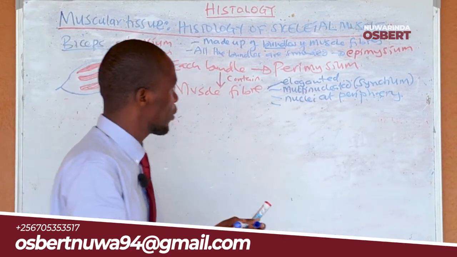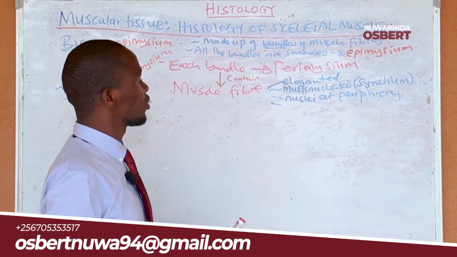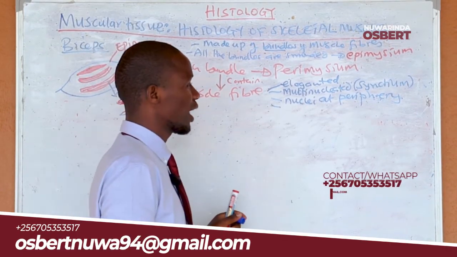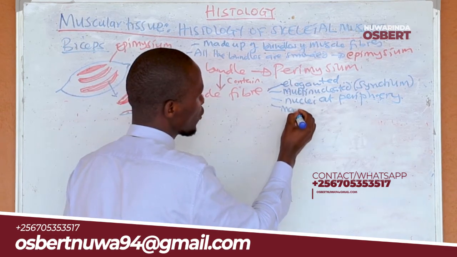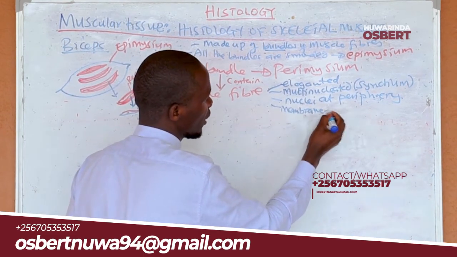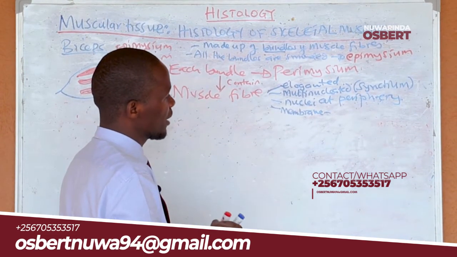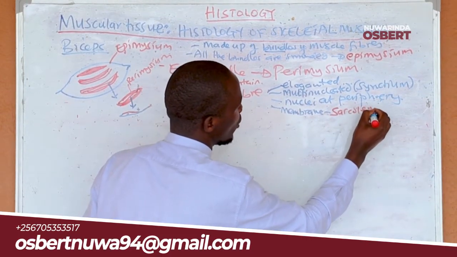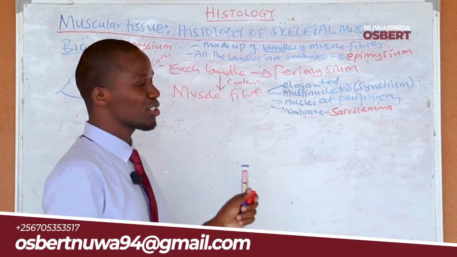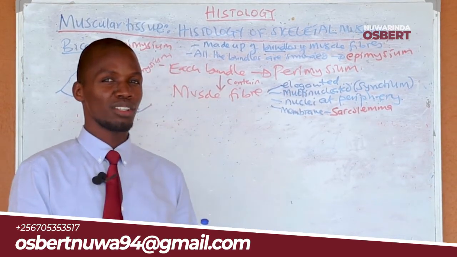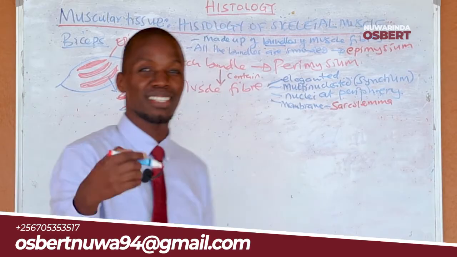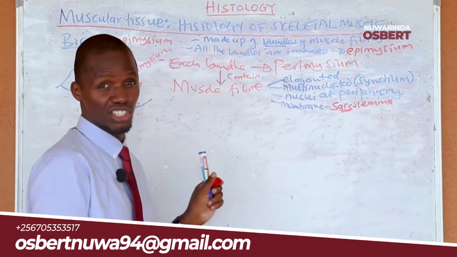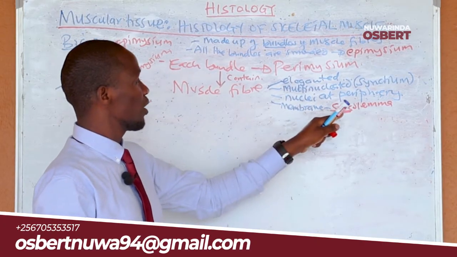Then another point is that these muscle fibers have special features. The membrane of a muscle fiber has a special name, and we call it sarcolemma. Every topic has its terms that we usually use. In this case, we are dealing with muscles, and we are going to see this word sarco a lot.